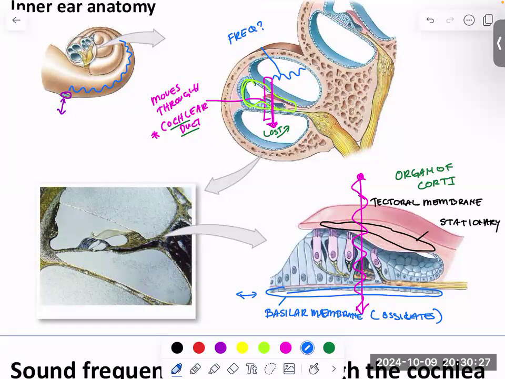As it moves through the organ of Corti, these cells in purple, they are called hair cells. Why? Because they have hairs that will attach to the tectoral membrane. Those in yellow are the hairs that are attached to the tectoral membrane. So when the basilar membrane oscillates, when it moves back and forth, these hairs bend.